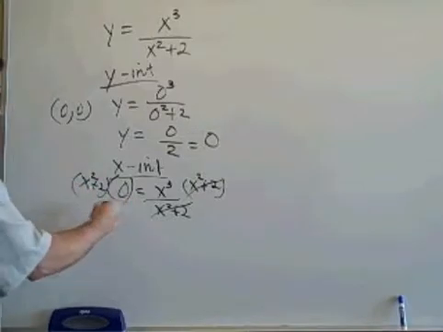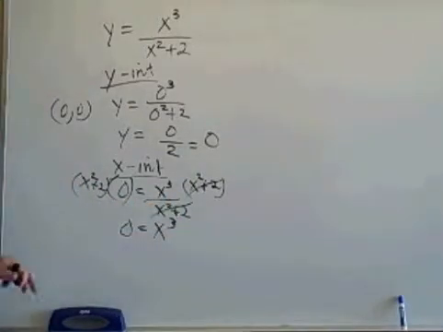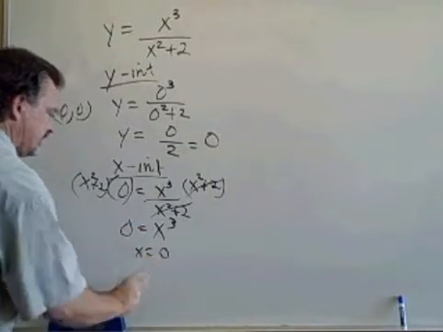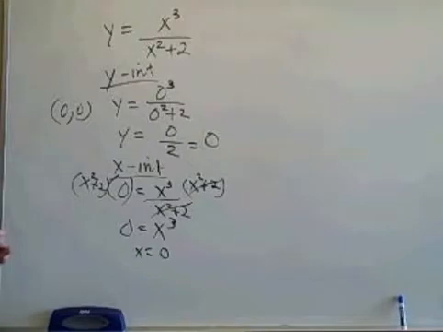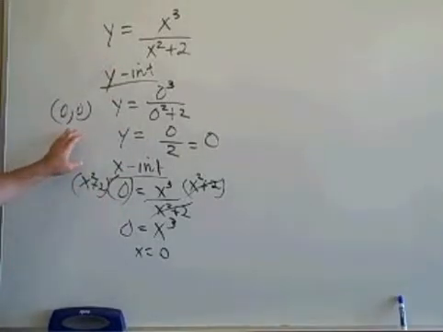Well, x squared plus 2 times 0 is still 0, and those cancel, giving us x cubed. And what's the only number we can cube that would give us 0? That would have to be 0, wouldn't it? So the only x-intercept was the one we already found, the origin. So the graph of this equation's solution set passes through the origin.